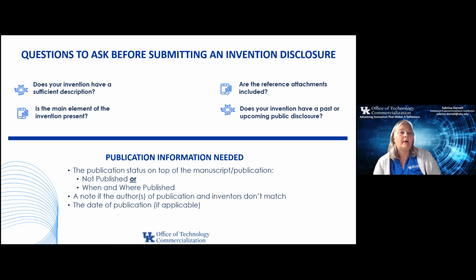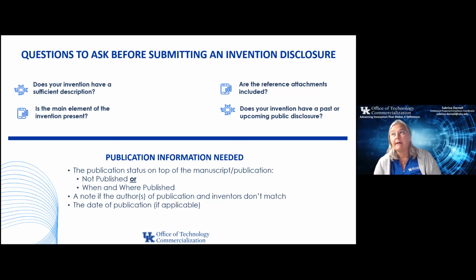Are the main elements of the invention listed? If it's not there, they're going to reject it because the element's not there. They just don't know what it's going to be about. And a lot of people reference attachments of designs or other things, or just don't want to type everything out and they have attachments.